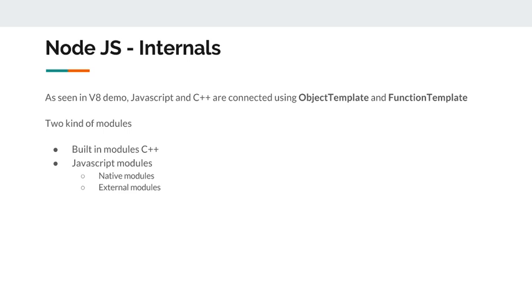In JavaScript modules, you have two kinds. Native modules, which are part of the Node.js core libraries, and external modules, which are modules that we as JavaScript and Node.js developers usually build. Something like if you want to use Grunt as part of your Node module application, if you want to use CouchDB libraries, and so on. So these are external modules.